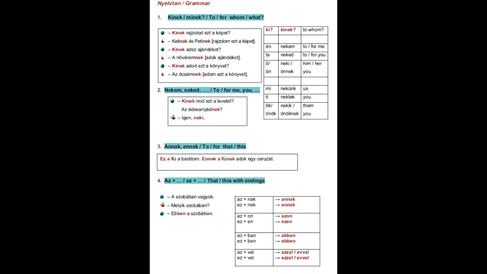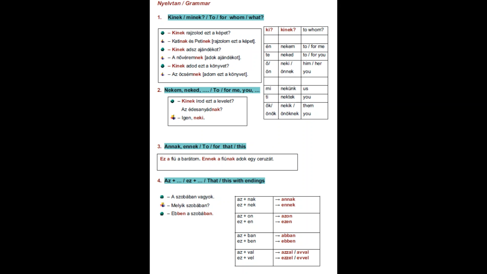A nővéremnek adok ajándékot. Say it with me. A nővéremnek adok ajándékot. So, what is the answer? What is the person responding to the question, who or to whom are you giving a present to?